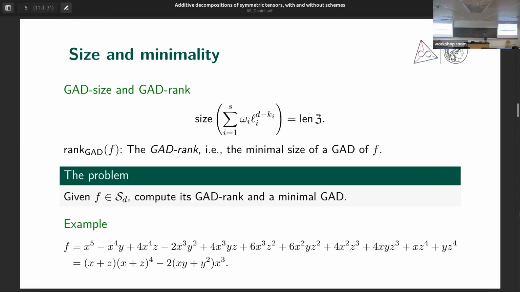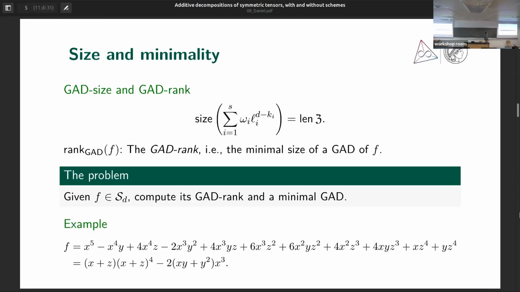Just to be very concrete, in the case of Waring decomposition, this will be a scheme of reduced points, so every point will have weight 1. Minimizing the length of the scheme is exactly the same as minimizing the number of points. But in general, those schemes will be non-reduced, so they will have multiplicity that you want to count.